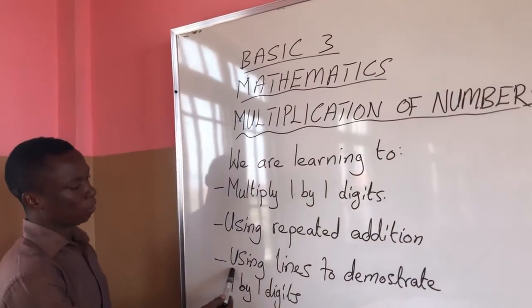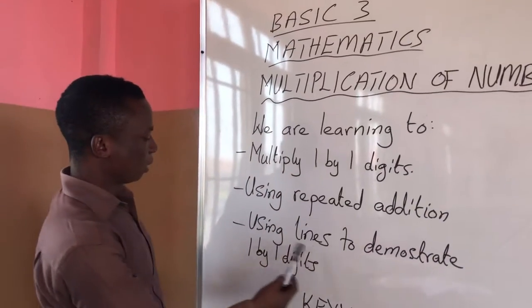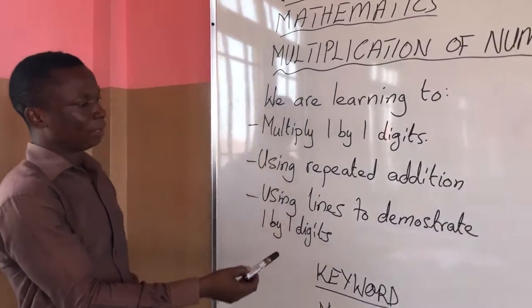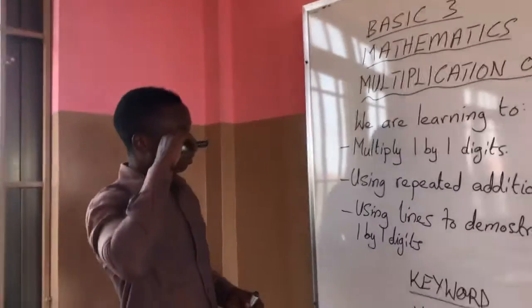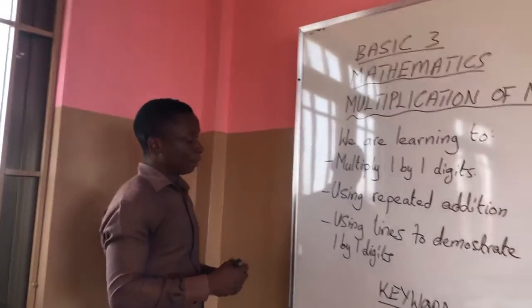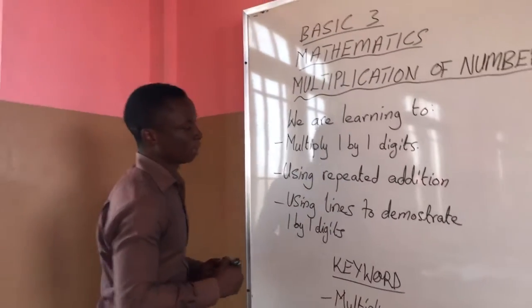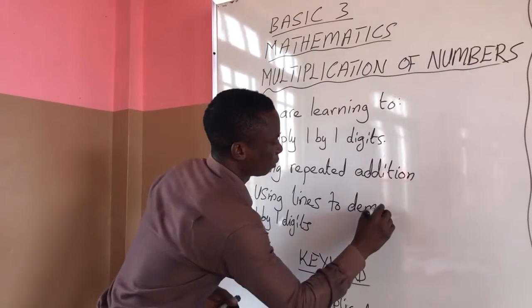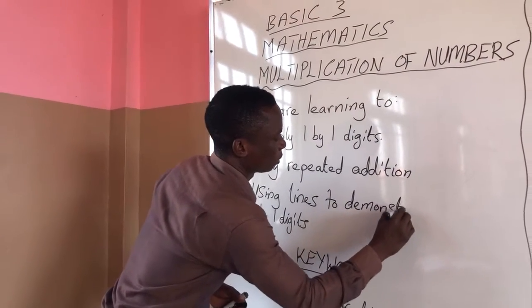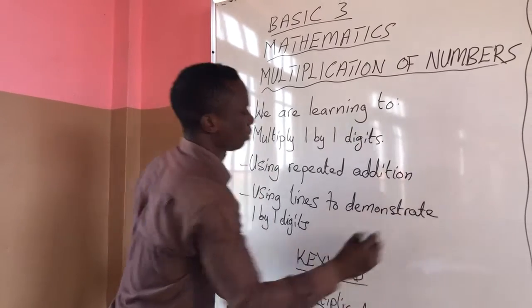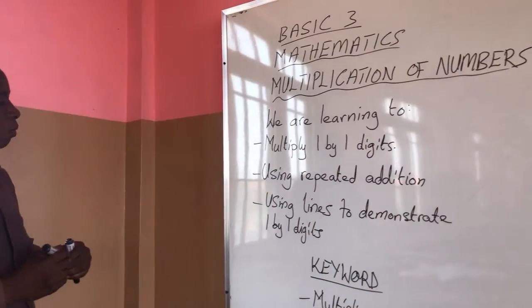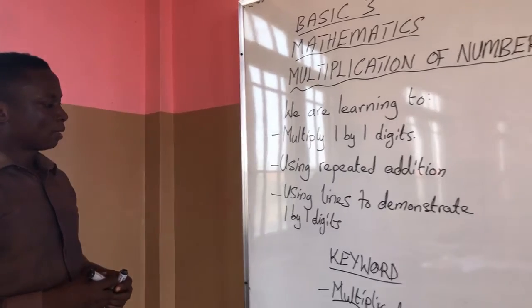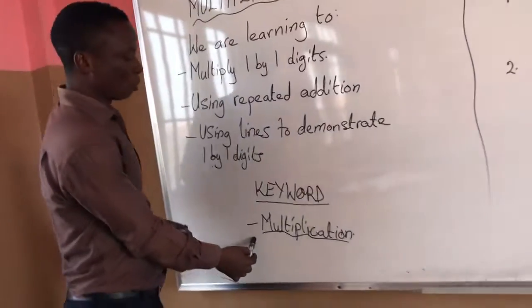And the third one is using lines to demonstrate one by one digits. Our keyword is multiplication.